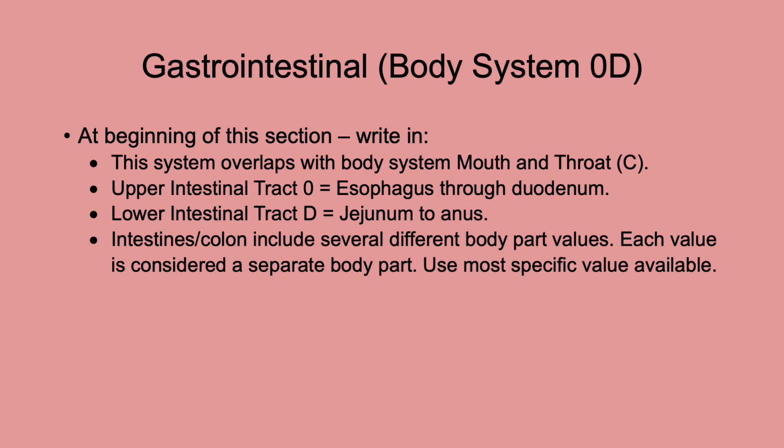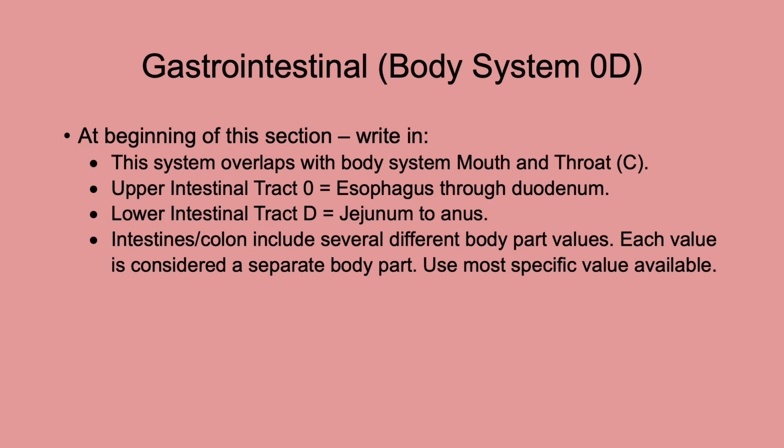Okay, let's look at the gastrointestinal system. Here are some notes. At the beginning of this section, write in: system overlaps with mouth and throat. Upper intestinal tract, esophagus through duodenum; lower intestinal tract, jejunum to anus.